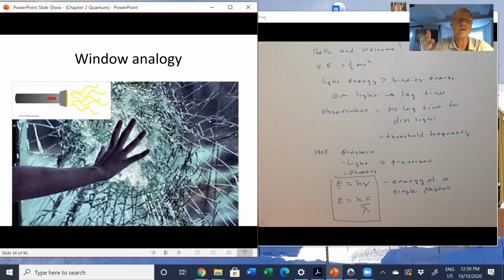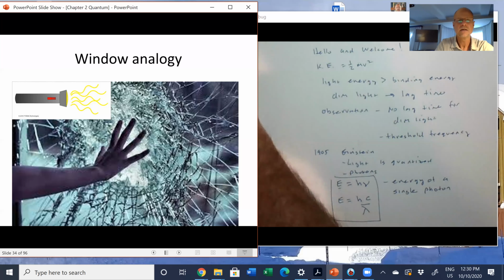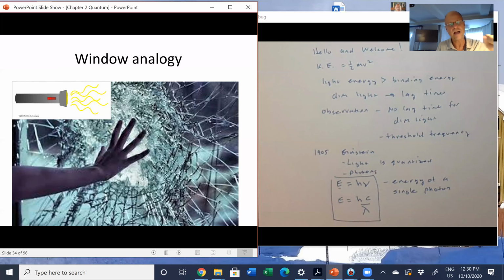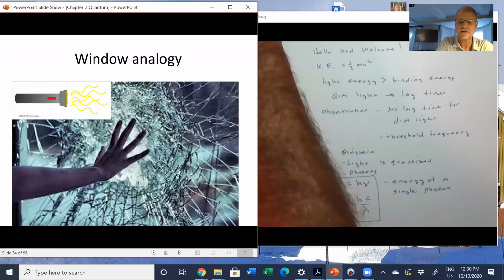That'd be like if we have a window and we're throwing ping pong balls at it, it doesn't matter how many ping pong balls we throw, because no one ping pong ball has enough energy to break the window. So those low energy photons just don't have enough energy to kick off an electron.